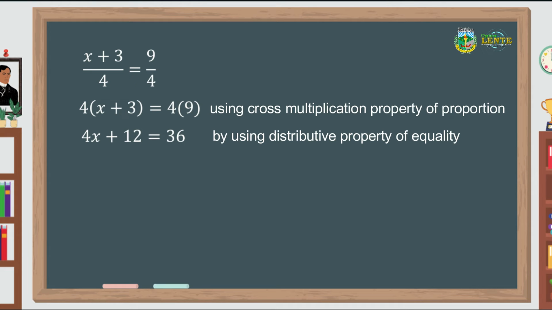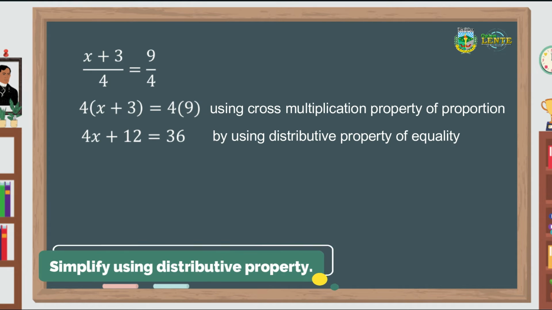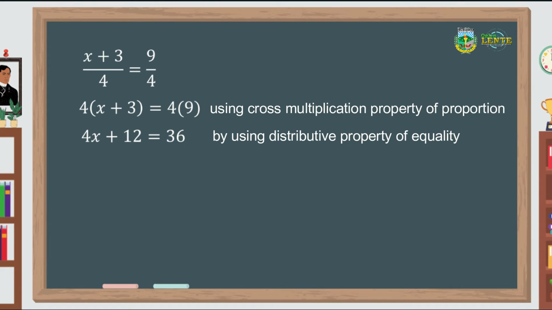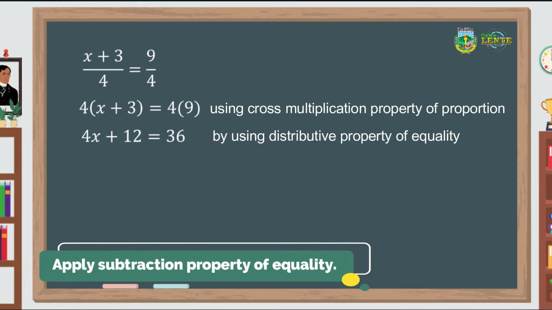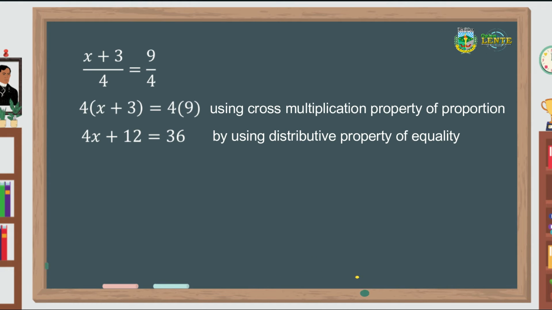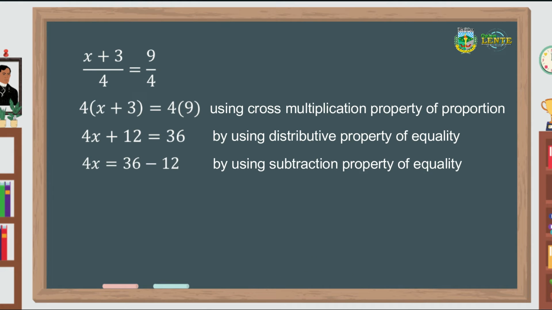Simplify using the distributive property, we have 4x plus 12 equals 36. Then apply the subtraction property of equality, we have 4x equals 36 minus 12. Simplify, 4x equals 24. Then applying the multiplication property of equality, the value of x is equal to 6.